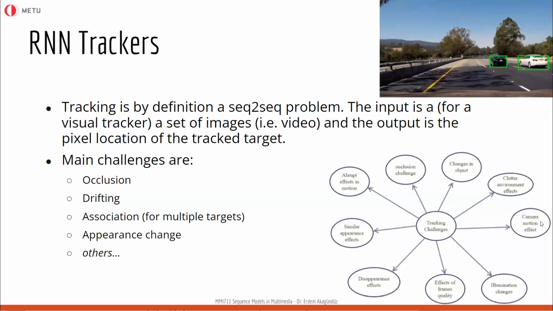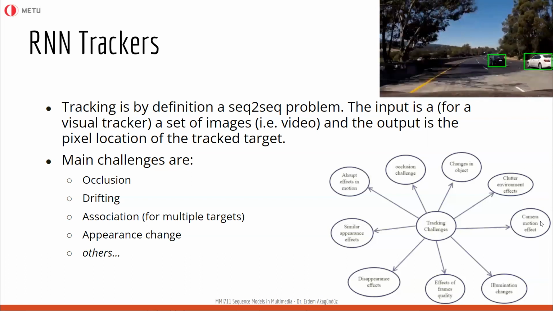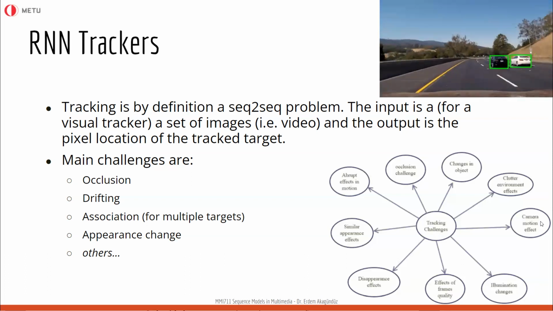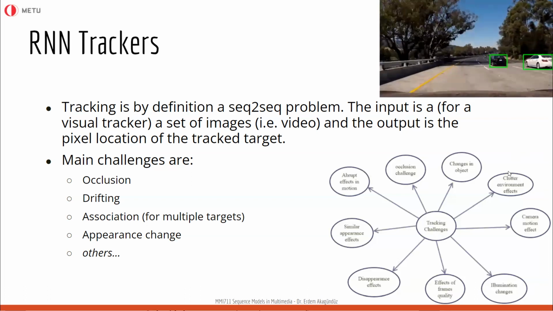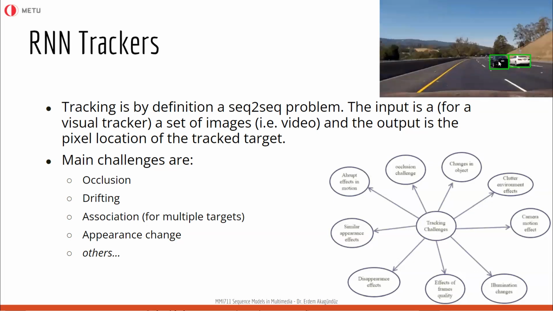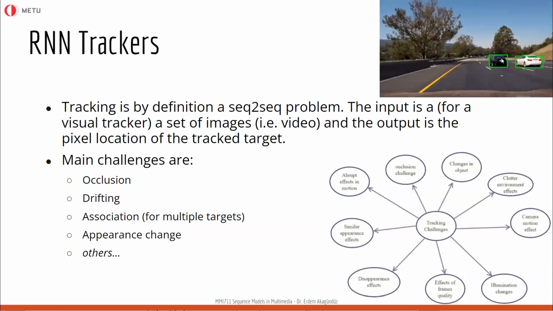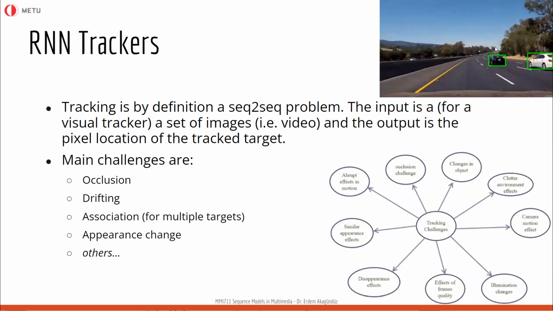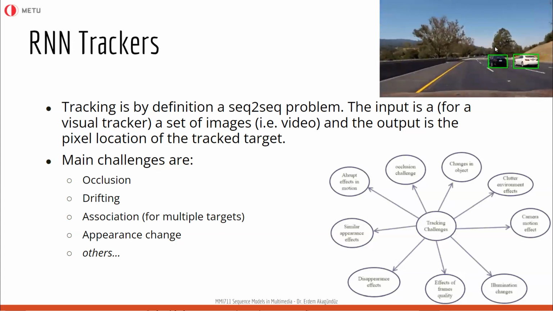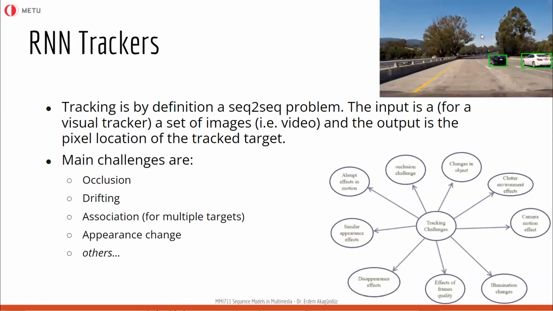Camera motion effect: you're tracking a target, but are you assuming that the camera is moving or not? Clutter in the background: for example, this is a car and in the background there is a tree that is also moving, and maybe the pixel values of the car and tree are quite similar and they just get mixed up.